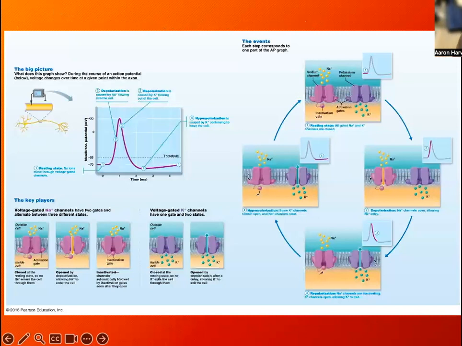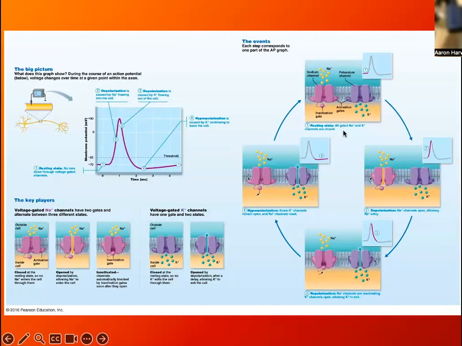Okay, so here's also putting it all together into one. So big picture between resting state, depolarization, repolarization, hyperpolarization, the differences between the channel states in these different states, and then what the actual steps are here.